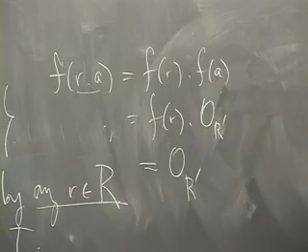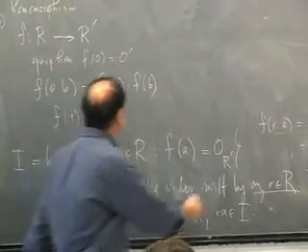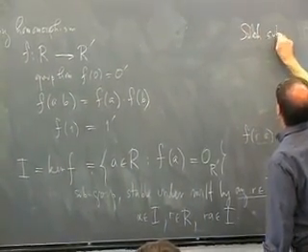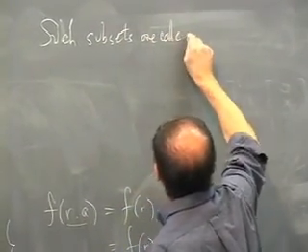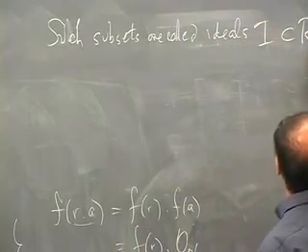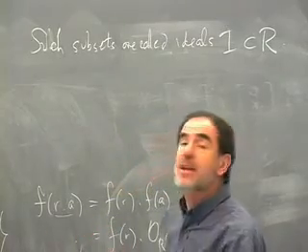And we call subsets of R that are subgroups stable under multiplication ideals. Such subsets are called ideals, I in R.